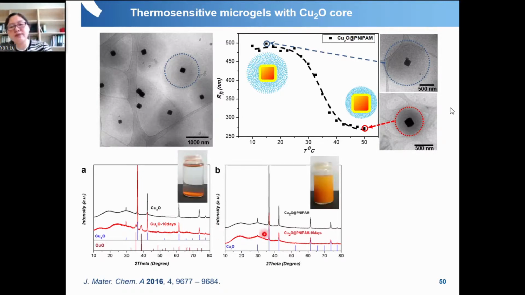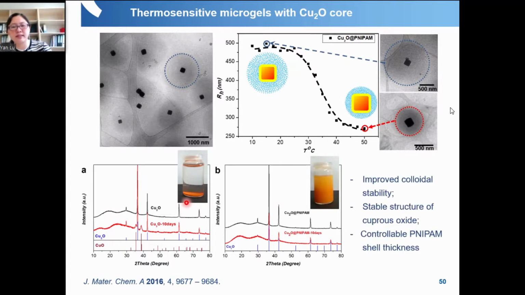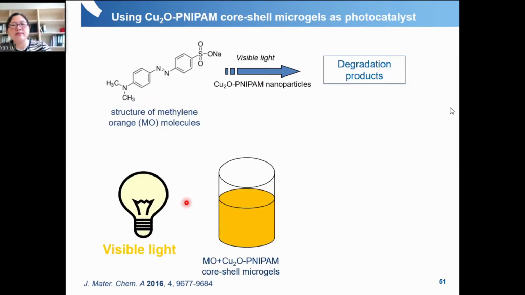Also, after coating PNIPAM, the colloidal stability has been enhanced. You see, after storing overnight, they are still stable, but here you see they totally precipitate. So by PNIPAM modification, you can have a very well-defined system. And of course, as I mentioned, cuprous oxide has been used as a photocatalyst.